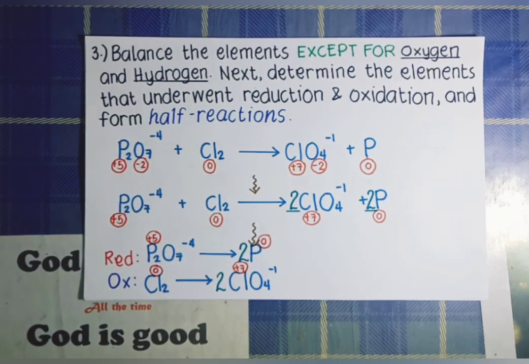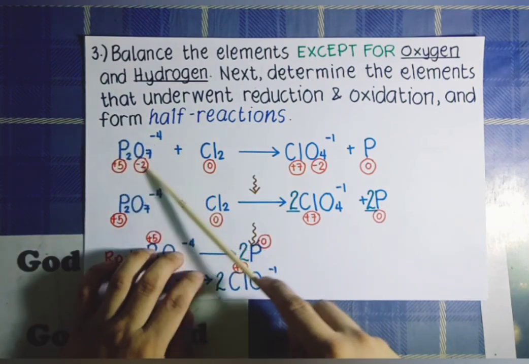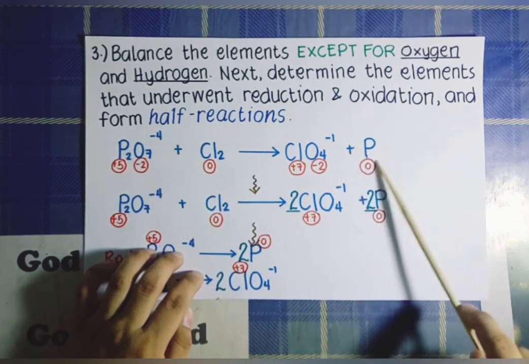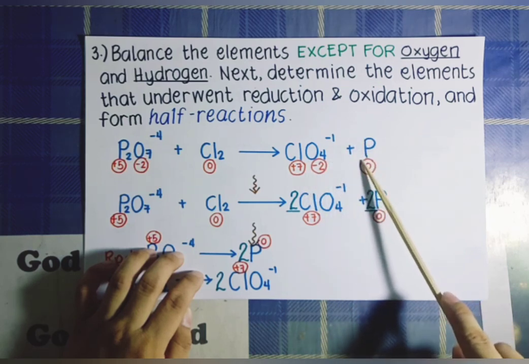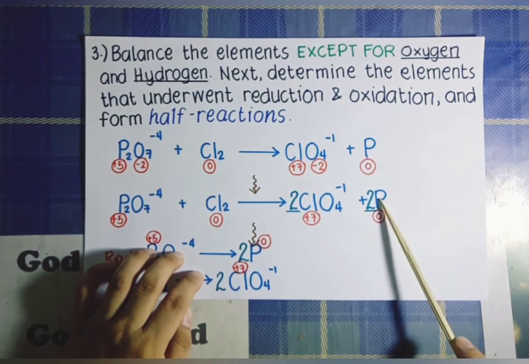So let's go first with the phosphorus. For the phosphorus in our pyrophosphate ion, we have 2. And for this phosphorus, we only have 1. And so to balance this, we're just going to write 2 as the stoichiometric coefficient of phosphorus. And so we'll have 2 phosphorus.